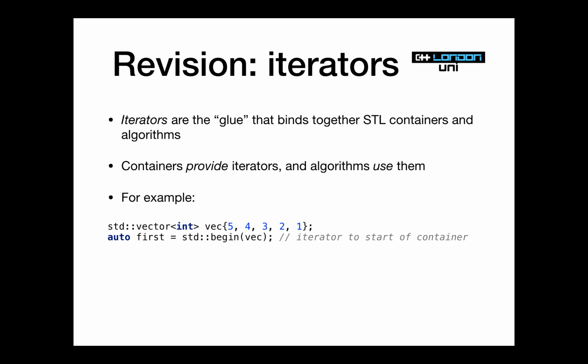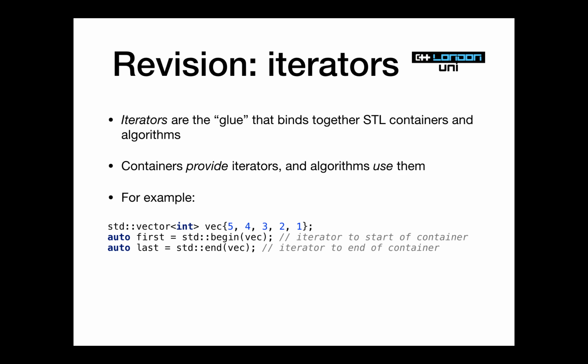Can anybody tell me another way that I could get an iterator to the start of the container? Vec.begin, absolutely. All the standard containers have member functions called begin and end, and a few other similar ones as well. Or there's this freestanding, non-member function called std::begin, which you can also use. It does the same thing.